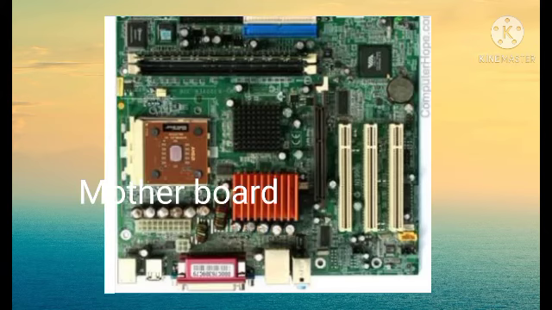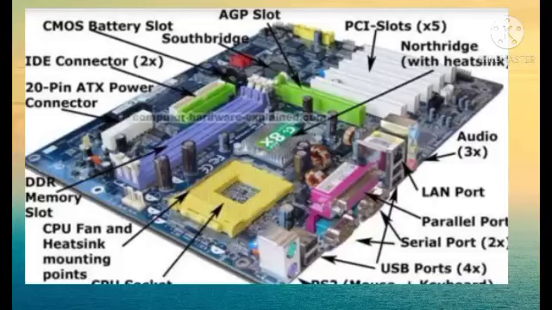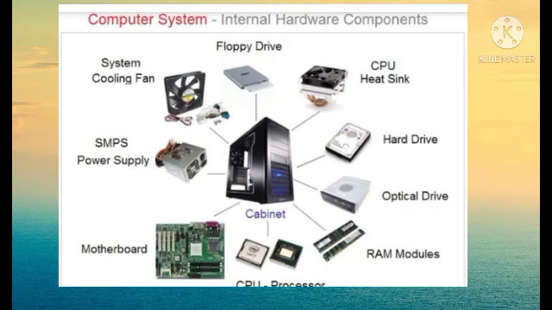The motherboard of computer is also a kind of PCB on which the different components and the chips are mounted. In the motherboard also we are using capacitor, resistor, diodes, RAM, ROM and different components. Figure shows the computer system.